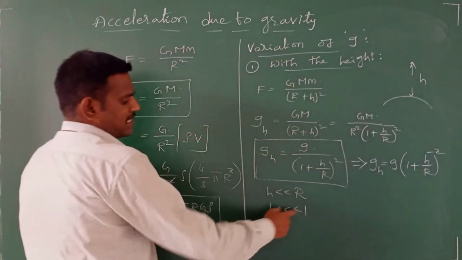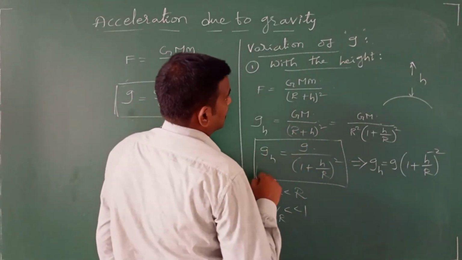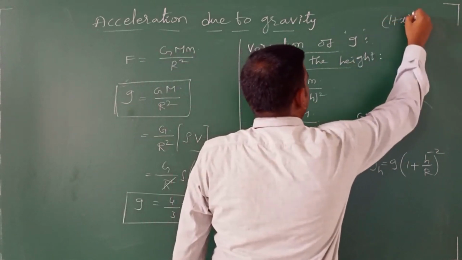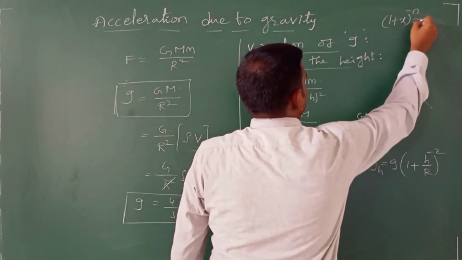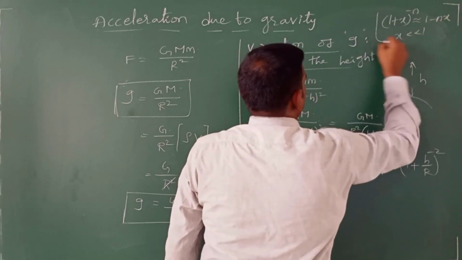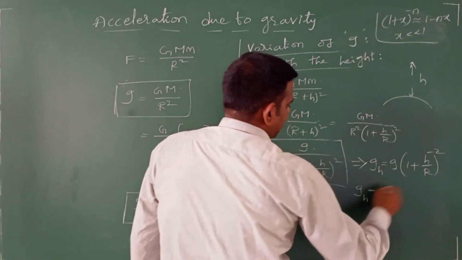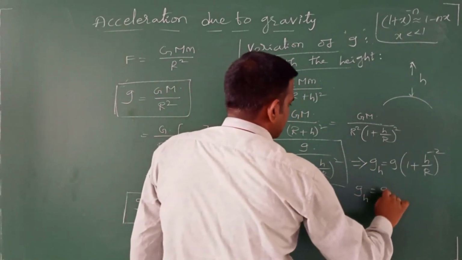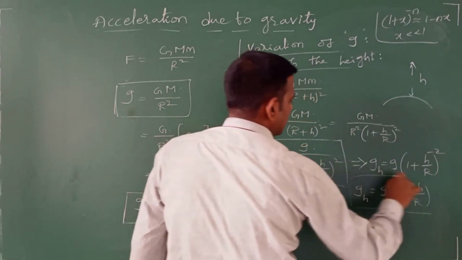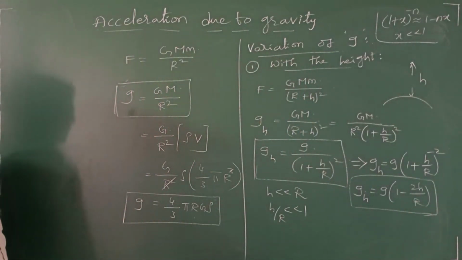And since h by r is very much less than 1, we have a small formula from the binomial expansion theorem. What is that? 1 plus x whole power n, or minus n, is approximately 1 minus nx when x is very much less than 1. The same formula I am going to apply here. So now the acceleration due to gravity at the height h will be given by g times 1 minus 2h upon r. This is the formula: gh is equal to g times 1 minus 2h by r.